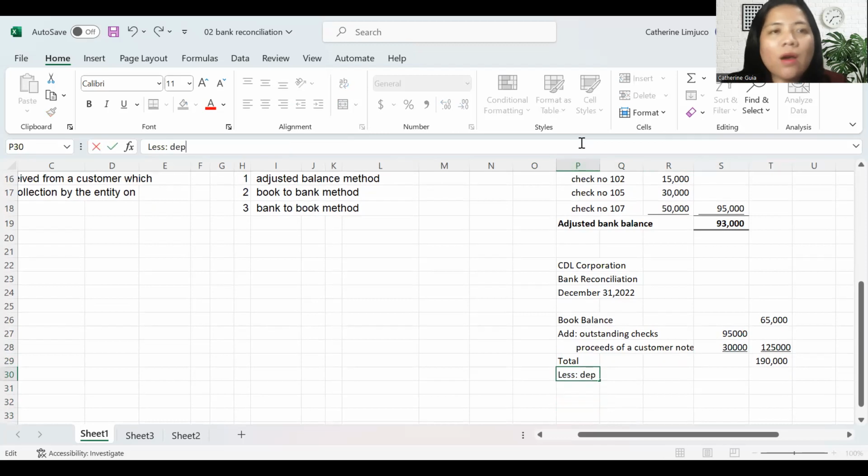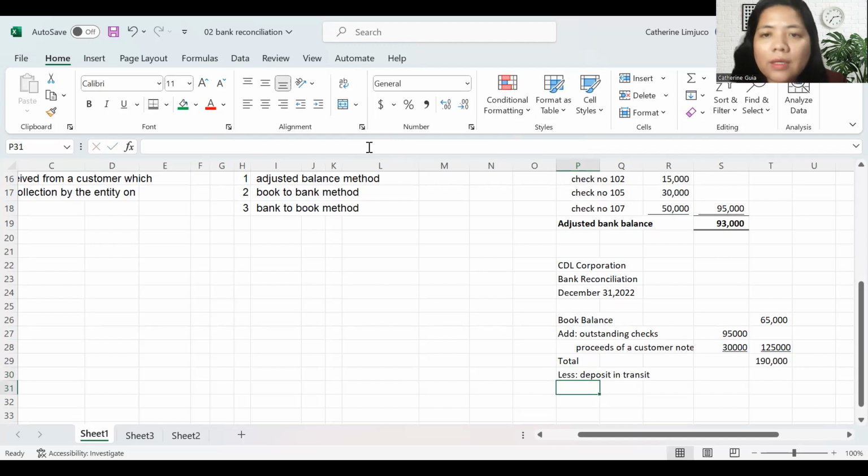Since we are making adjustments to come up with the balance per bank, we have to deduct our deposit in transit because per bank, this item is not yet included as part of the deposits. We will deduct deposit in transit.